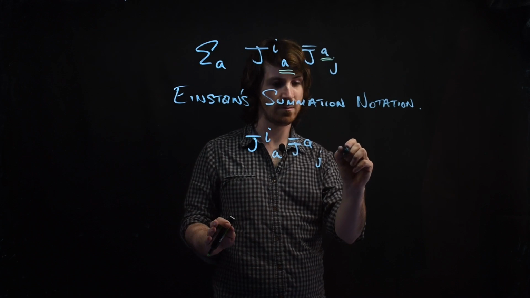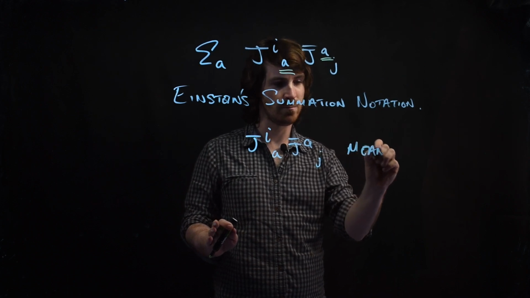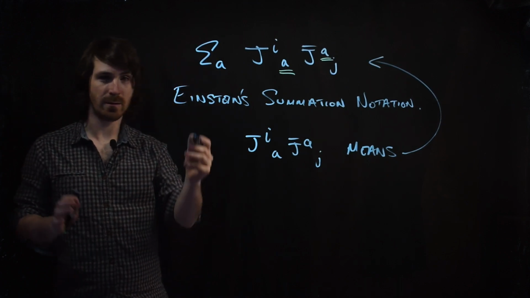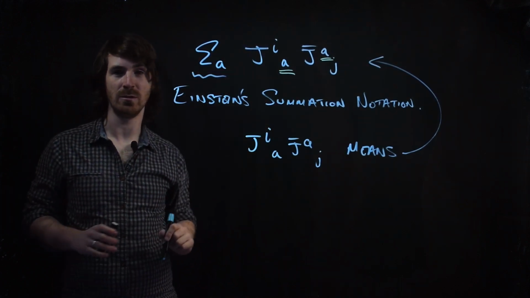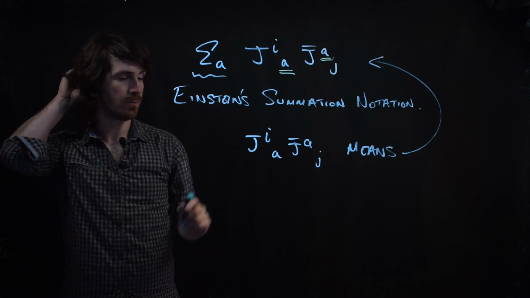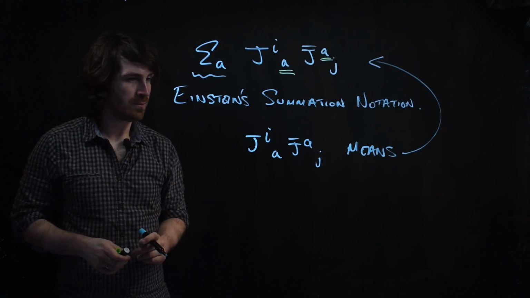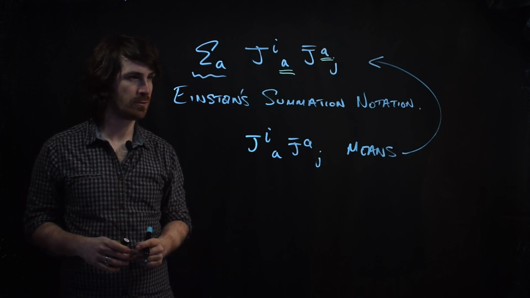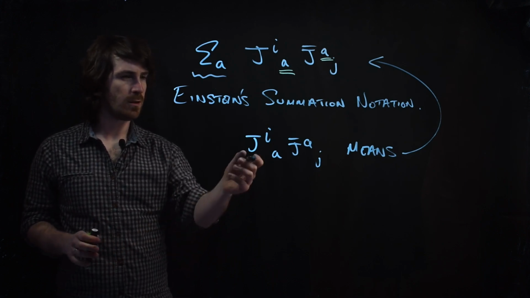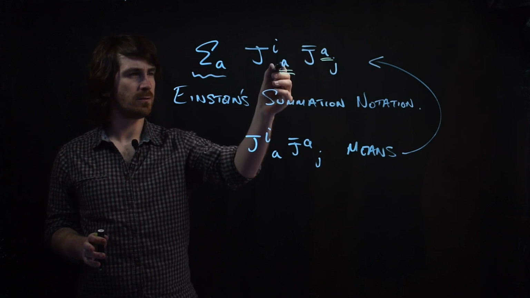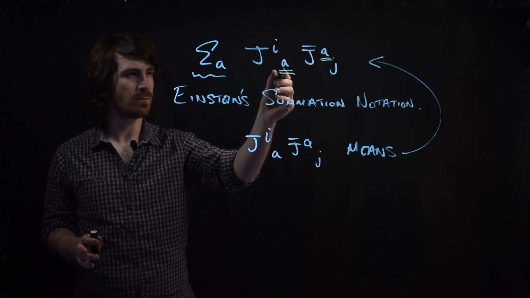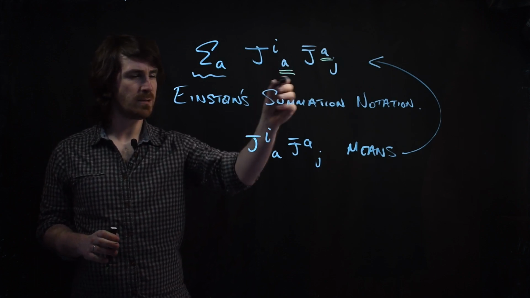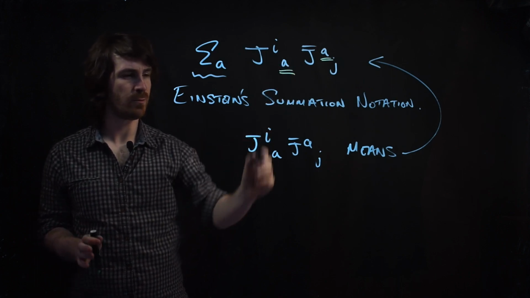So this means this. Being able to drop all these summations, because we'll get quite a lot of them, saves time and effort. So that's the Einstein summation notation. The index that appears exactly twice, one downstairs and one upstairs, is called a dummy index, so you can replace that with anything you like.